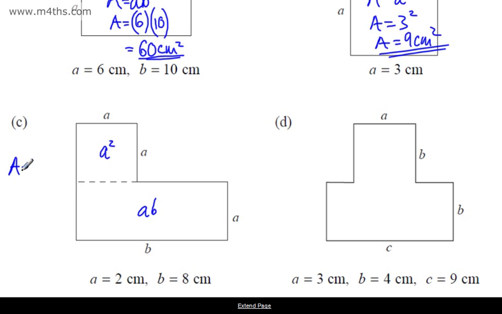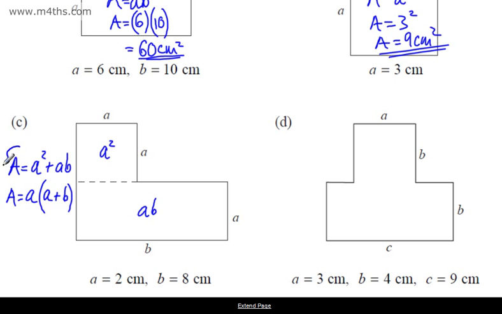So we can say that the area, the total area, is the square plus the rectangle. Sometimes you might see this factored. We might have A is equal to, A is a common factor, and then we would have A plus B. So if you see it like so, this is exactly the same as if we multiply it out, we have A squared plus AB. So in this particular case, we've got now that A is 2 and B is 8.